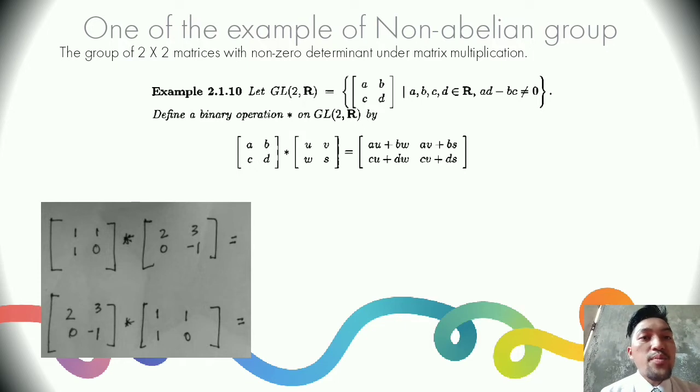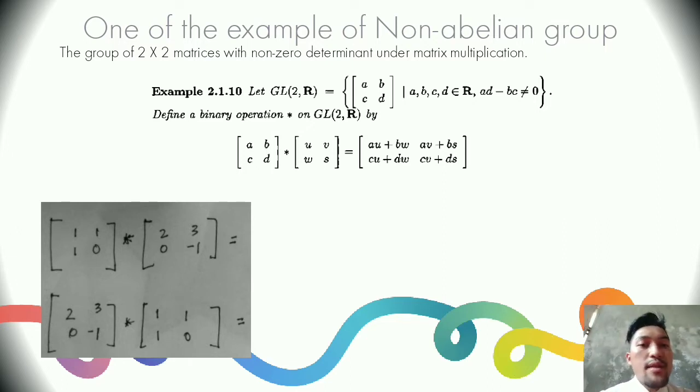We define a binary operation star on GL2(R) by (a b; c d) * (u v; w s) = (au + bw, av + bs; cu + dw, cv + ds).